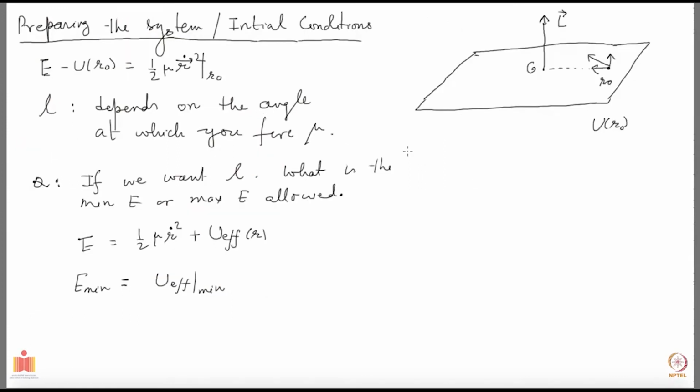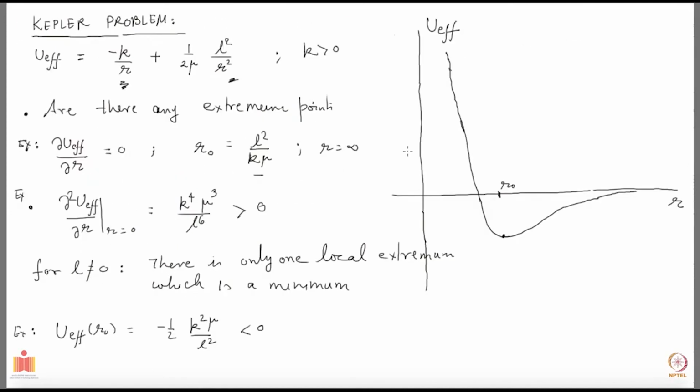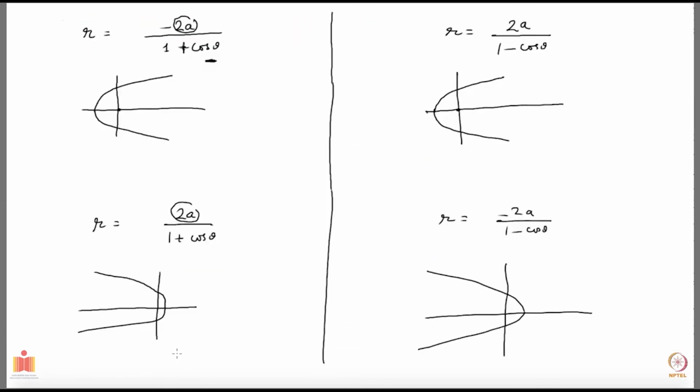E minimum is your U effective minimum, and I think we found U effective minimum also, which is here: minus half K square mu over L square.